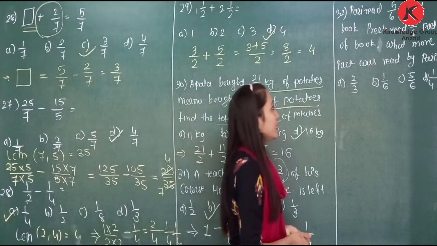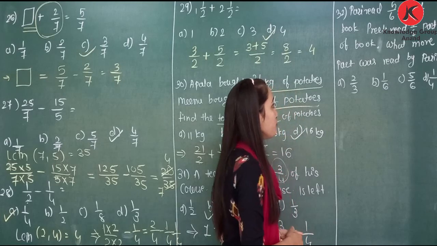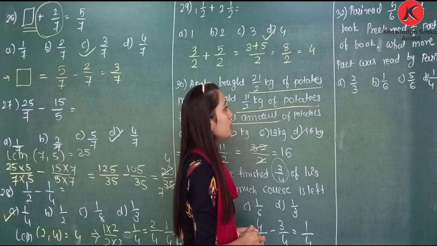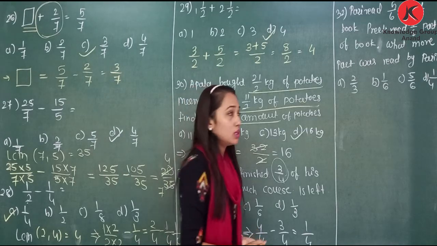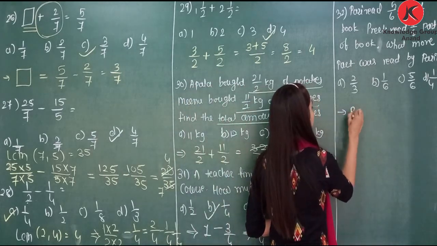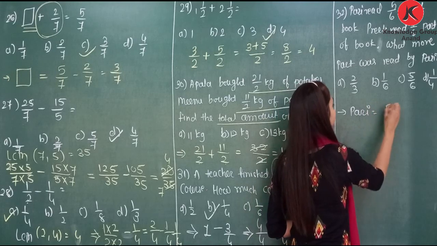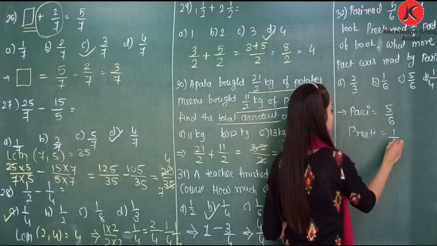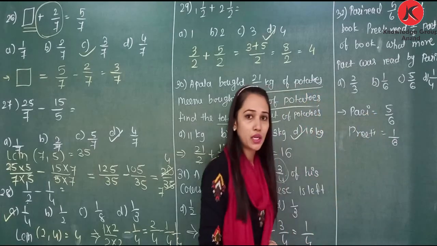Next, Pari reads 5 by 6 part of a book and Preeti read 1 by 6 part of the book. How much more was read by Pari? Pari read 5 by 6 and Preeti read 1 by 6. So Pari read more. How much?